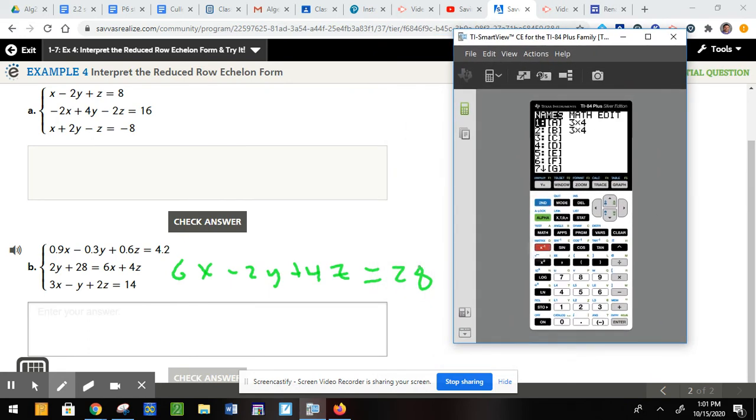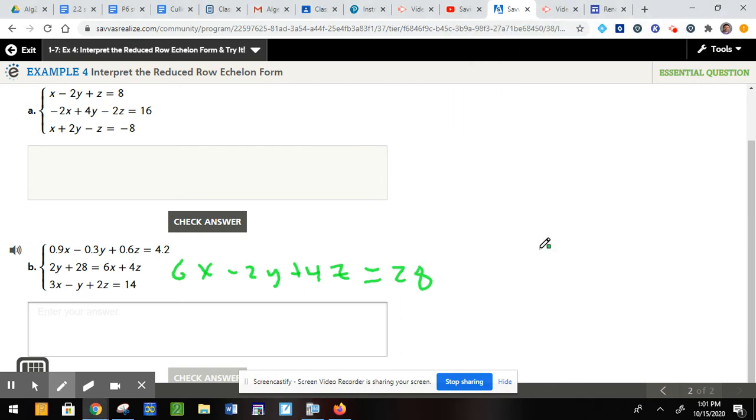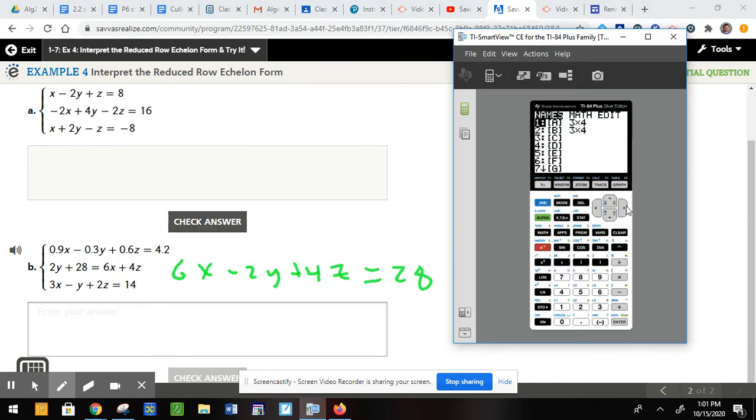We'll do second matrix. We'll go over to edit. I'm going to input this one into B. It is still going to be a 3 by 4, so that's good. We got 0.9, negative 0.3, 0.6, and then 4.2.